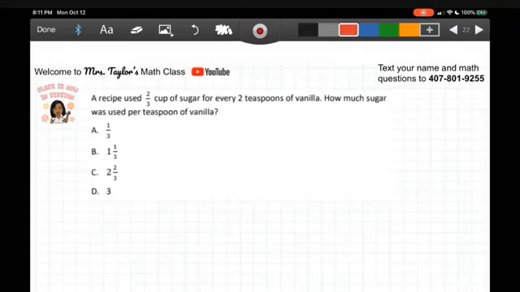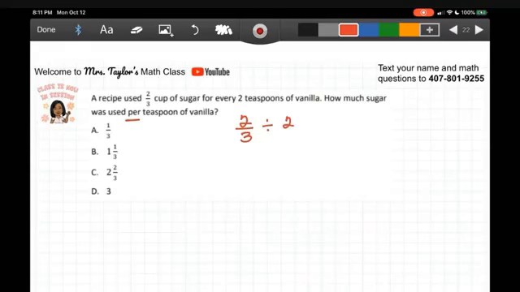The first question. A recipe used 2/3 cups of sugar for every 2 teaspoons of vanilla. How much sugar was used per, keyword, teaspoon of vanilla? When I see per, I know I'm doing some type of division. So let's look at here. 2/3 cups of sugar per teaspoon of vanilla divided by 2 teaspoons.